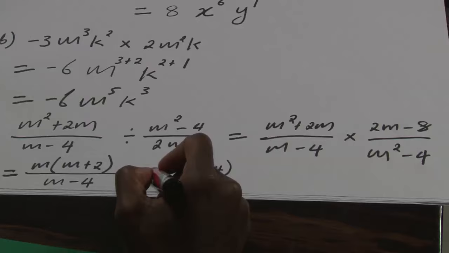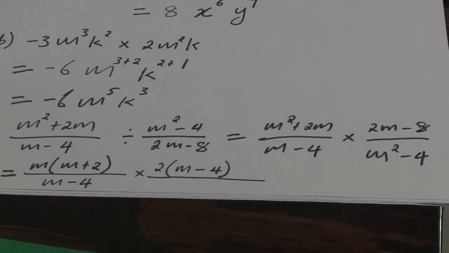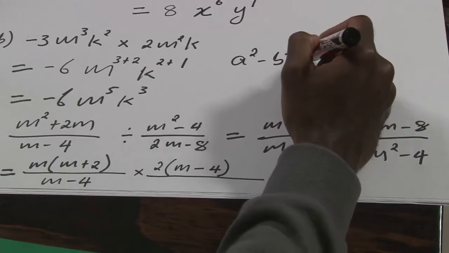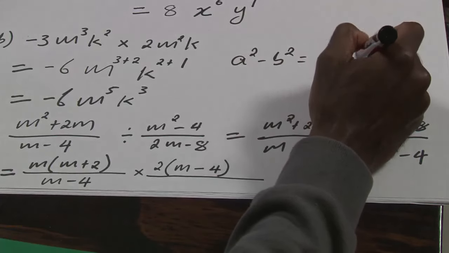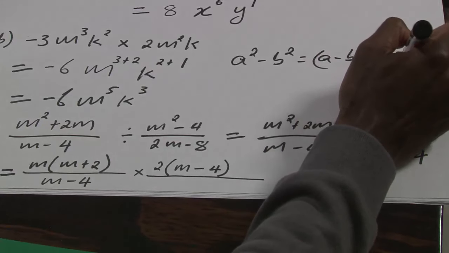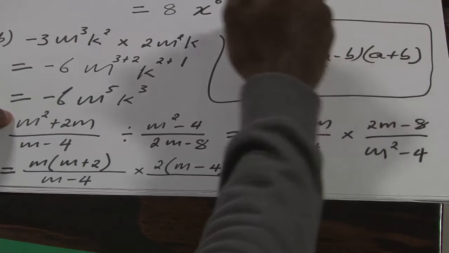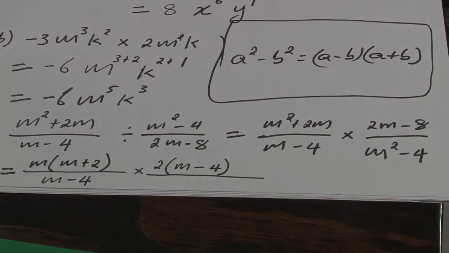And the denominator can also be factorized. This is what we call a difference of squares, which means, I'll quickly put it here, that if you have a squared minus b squared, then this is the same as a minus b multiplied by a plus b. This is called the difference of squares, and that's what we need to use for the denominator of the second fraction.